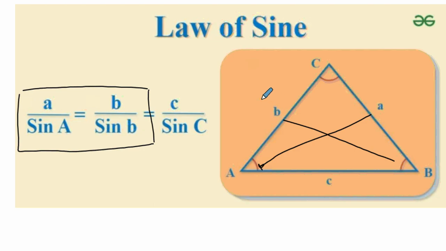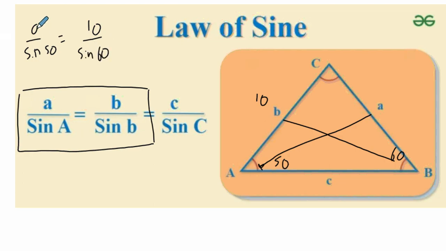Let's say b is 10, this angle is 60 degrees, this is 50 degrees. How do I solve for side a? Well, side a is my unknown, over the sine of 50, would be proportional to 10, the side across from B, over the sine of 60.